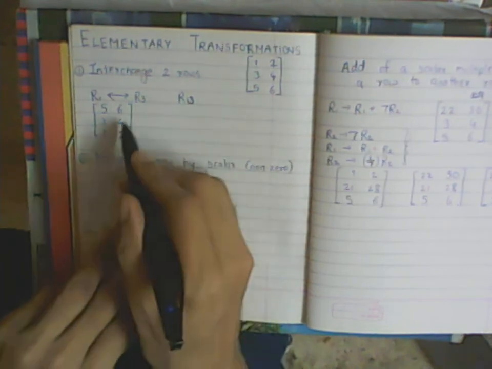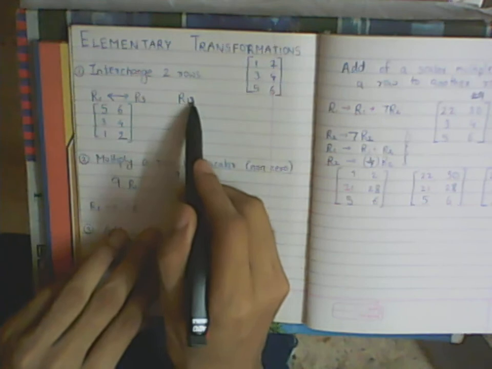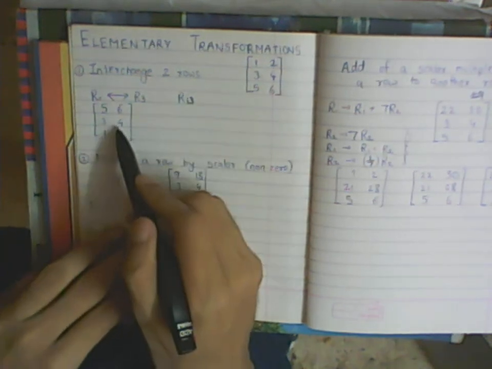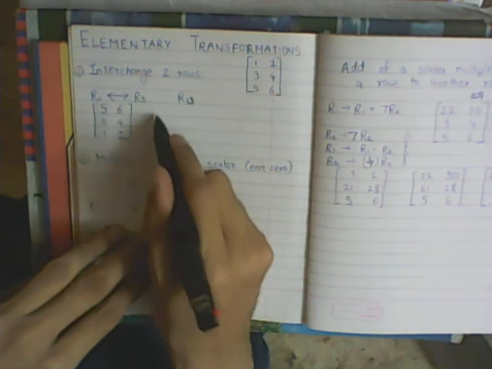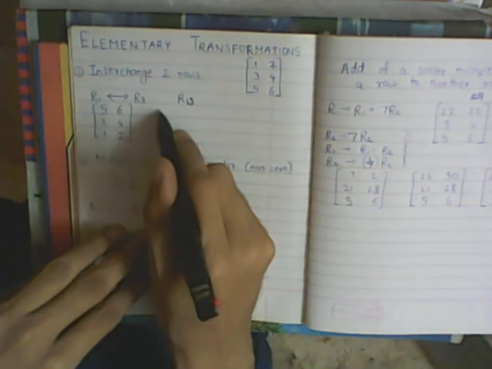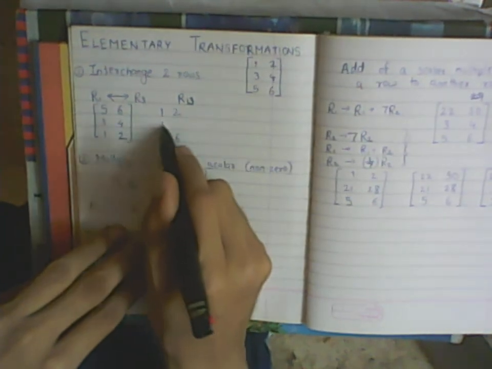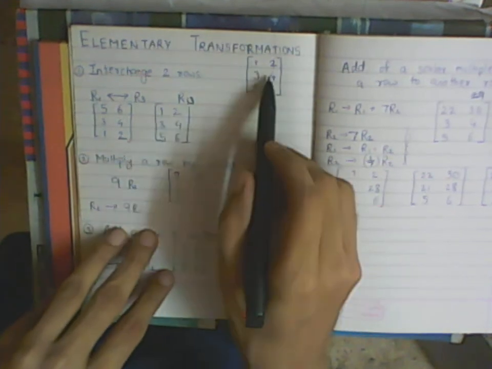So if I had my original matrix to be this, I did this transformation row 1, 3, and if I were to undo this, I would just do this again on the resultant matrix. So if I were to now interchange rows 1 and 3, I would get 1 and 2 go to the first row, 5 and 6 go to the third row, and everything else remains the same. And you can see that I've actually got my original matrix back.